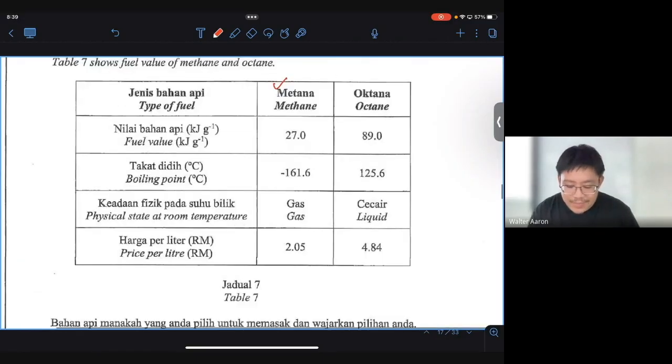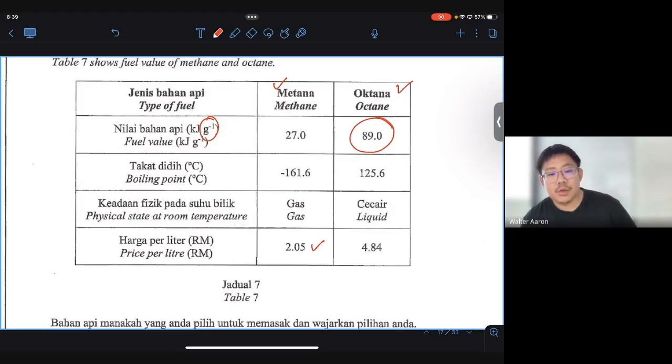Okay, now, for methane, if you want to justify, you justify the price. You understand? You justify the price. It's cheaper compared to using octane because this is based on per gram of energy release. Okay? Now, if you were to choose octane, also correct. But how do you justify it? The amount of energy release compared to methane. So either you take methane and you justify the price, or you pick octane and you justify the energy use, or the energy amount is higher.